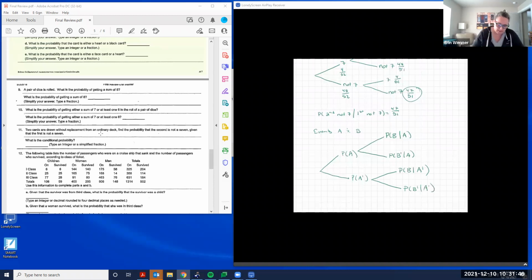When we multiply these through, as we move through our tree diagram, we're multiplying these together.